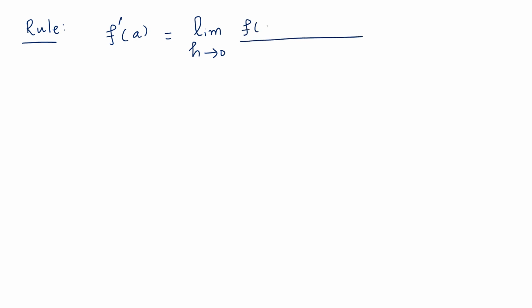Now we are writing the rule for the derivative. What is f dash of a? The derivative of f of x at x equal to a is, by meaning, limit h tends to 0, f of a plus h minus f of a over h.